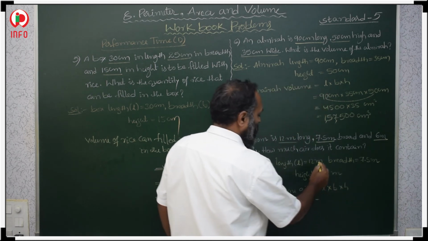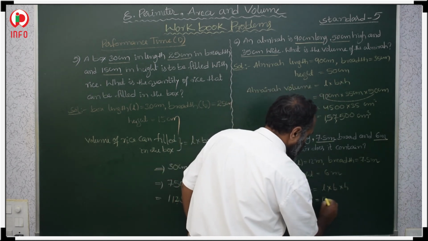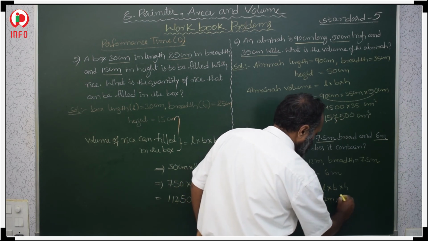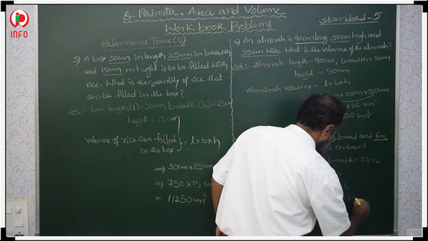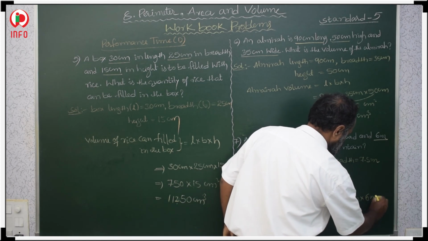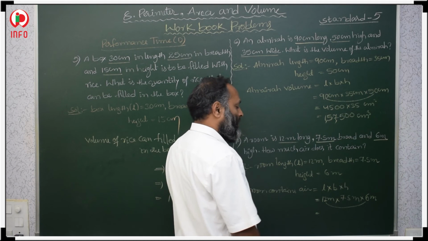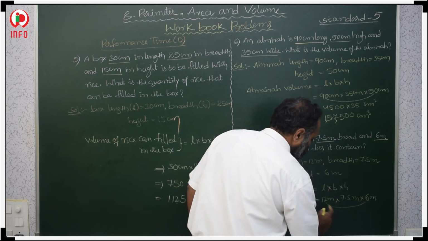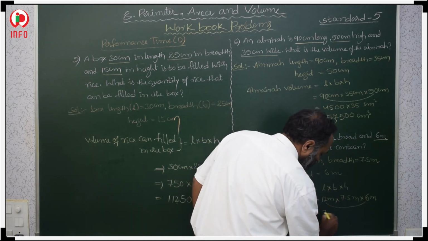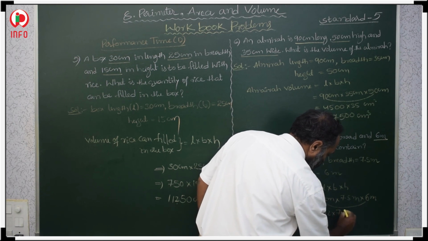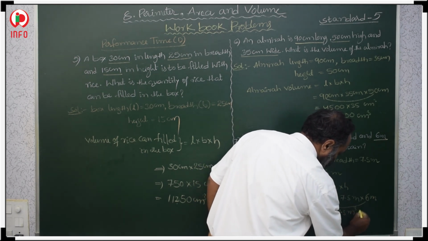What is the length here? 12 meters, breadth 7.5 meters and height 6 meters. Now first you multiply 6 7s are 12, 6 are 72 into 7.5 meter cube.